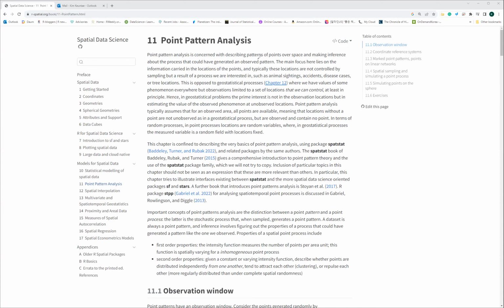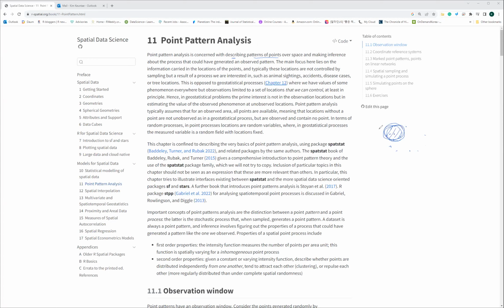As you can see here, it is concerned with describing the pattern of the points. Whenever you have randomized points, there might be some pattern, like if there is a lot of clustering near this area, that is definitely about the pattern.